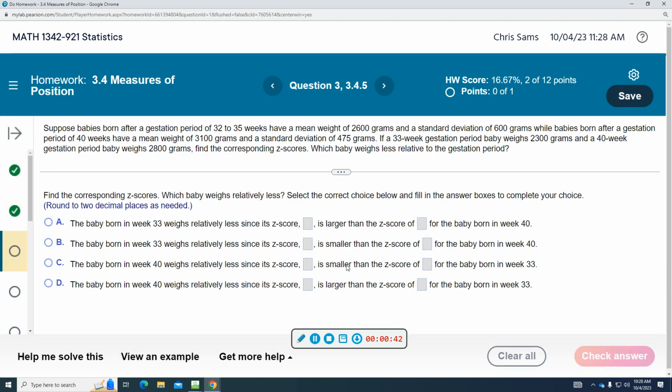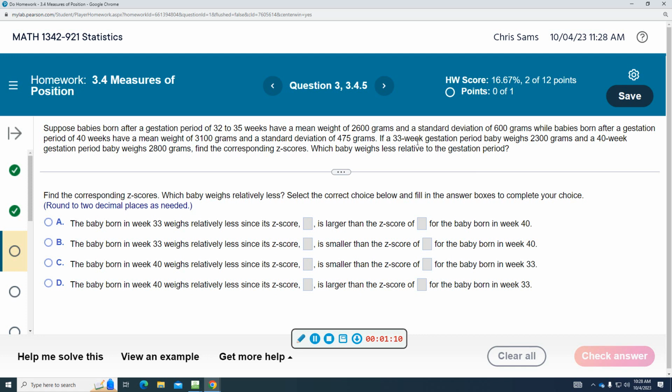And number 3, we have: suppose babies born after a gestation period of 32 to 35 weeks have a mean of 2,600 grams and a standard deviation of 600 grams, while babies born after a gestation period of 40 weeks have a mean of 3,100 grams and a standard deviation of 475 grams.